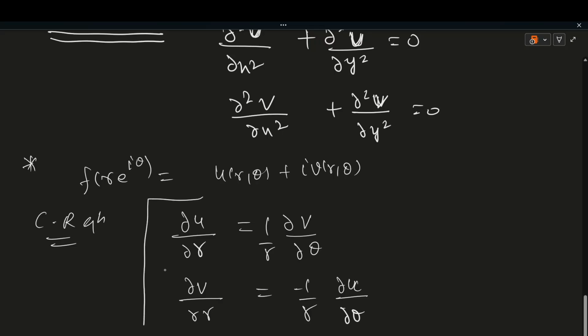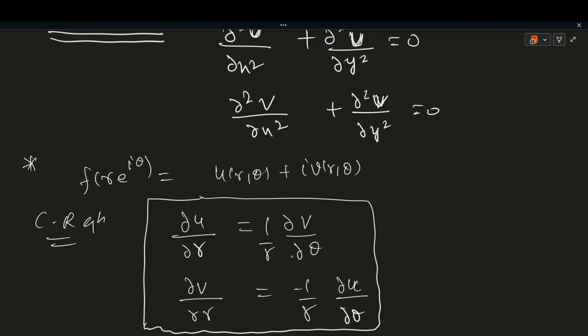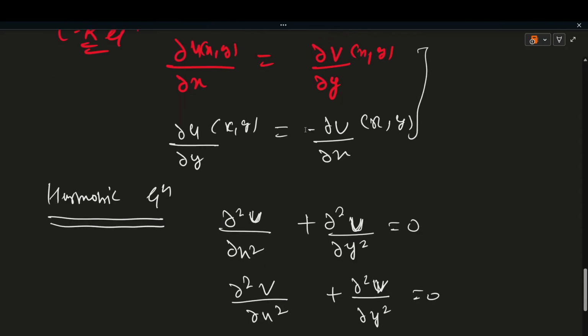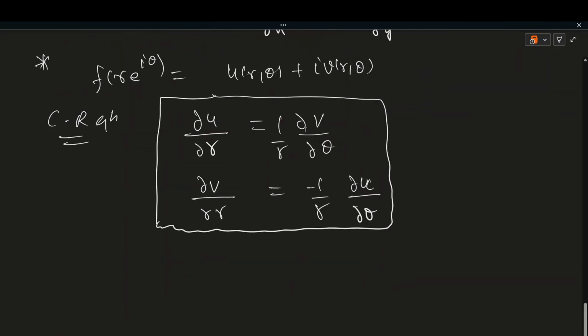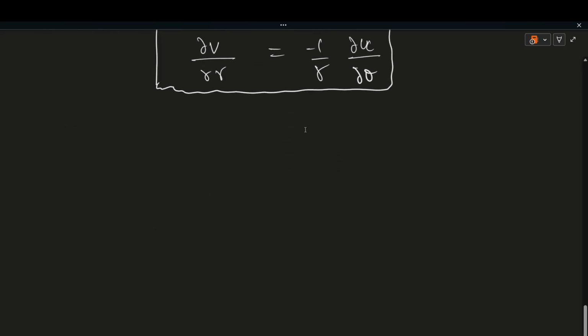So if you want to apply the CR equation in Euler form, in polar form, you can do this. We will prove this CR equation and the harmonic equation in our next lecture. But for today, we can do some problems based on harmonic and CR equations.